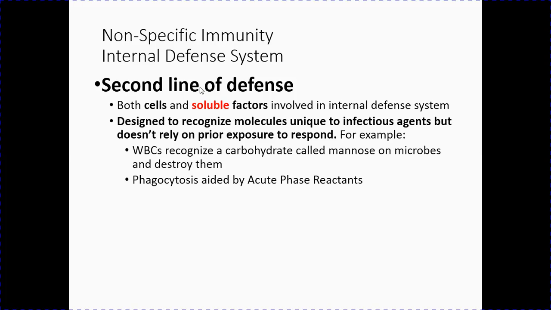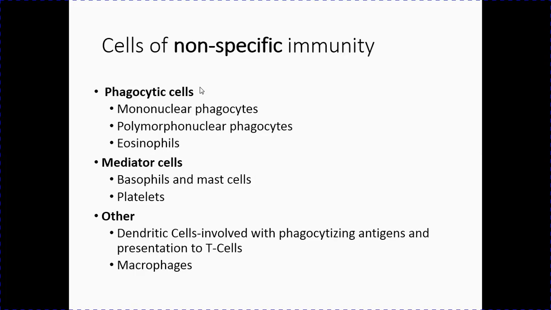So first, let's take a quick look at the cells of the second line of defense. We're going to spend just a few minutes on them, and then we're going to move along quickly. When we first looked at the cells of the nonspecific immune response, we looked at them in terms of where they were found.